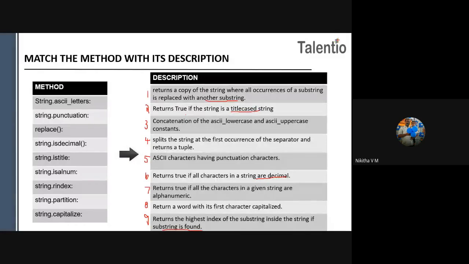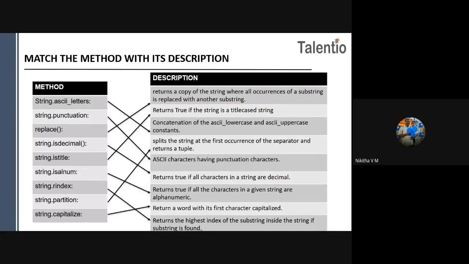So partition. 4. Exactly. Splits the string at first occurrence of a separator and returns a tuple. Right. 4 is correct. Then capitalize. 8. Returns a word with first character capitalized.